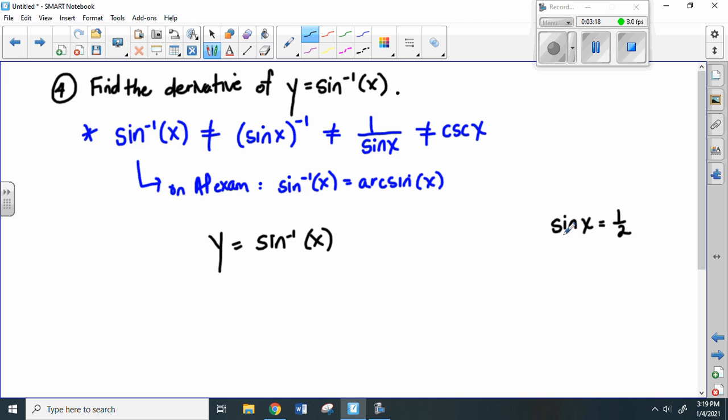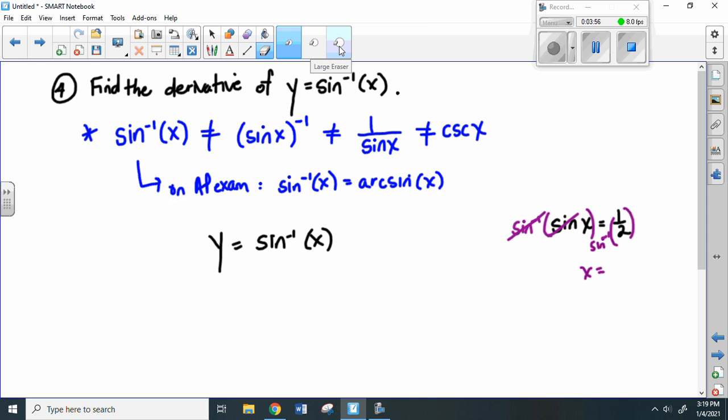But technically, what you're doing to solve that problem, to get x by itself, is taking the sine inverse of both sides. If you were to use your calculator to solve for x, you would have to use the sine inverse button. Sine inverse of 1/2 would tell me what x was equal to. Ideally, sine inverse and sine cancel each other out, because that's exactly what inverses do.